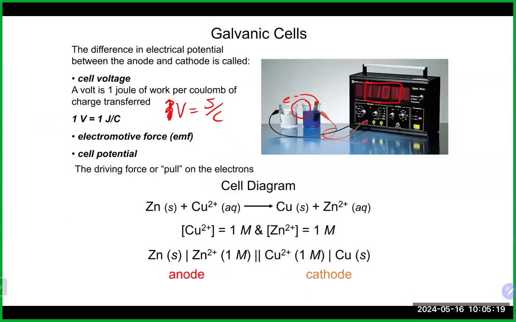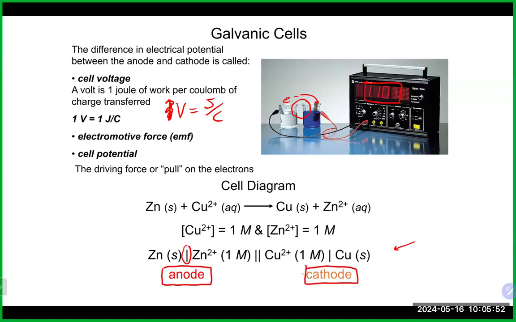Another way that we can represent a galvanic cell is through what's sometimes called the cell diagram. Sometimes people call it line notation, but that is what this is over here. It's always written with the anode on the left and the cathode on the right. A single line separates the different phases within the anode.